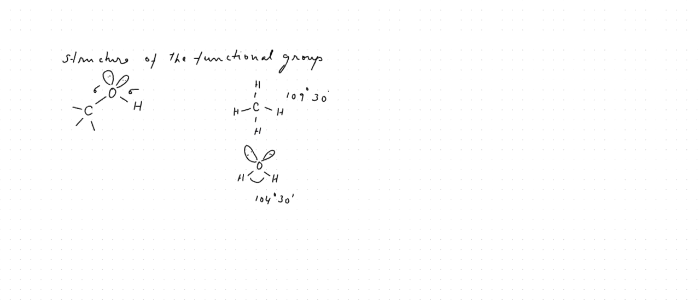And in the case of ammonia, it is also sp3 hybridized, but ammonia has only one lone pair, which is occupying one of the vertices of the tetrahedron. And because of the bond pair lone pair interaction, in ammonia the bond angle is 107 degree 28 minutes.